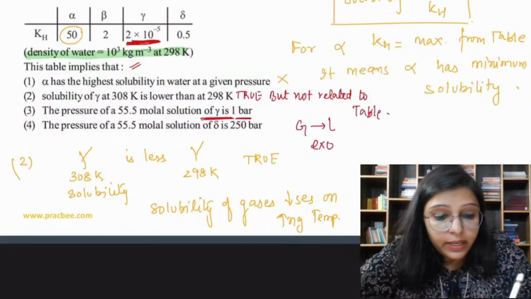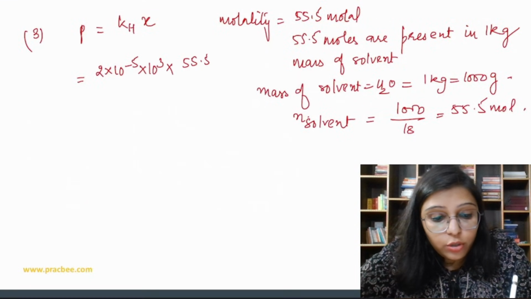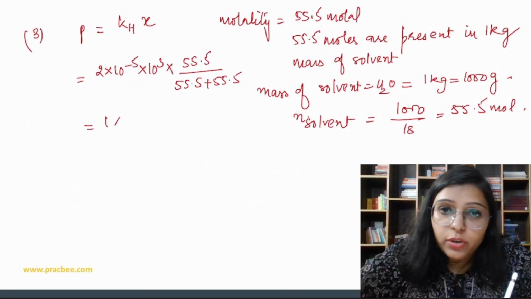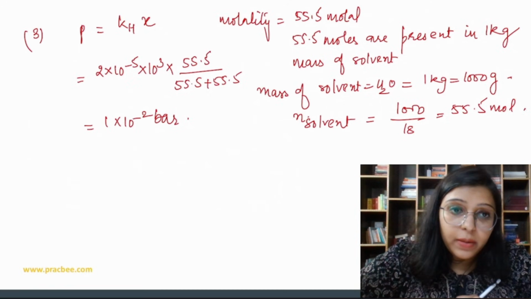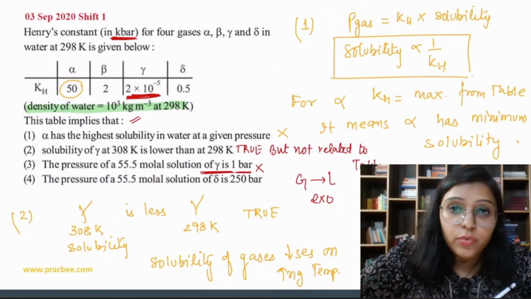So we write into 10 to the power 3 bar. Now mole fraction, moles of solute divided by total moles, which is 55.5. When you solve this, you get answer equal to 1 into 10 to the power minus 2 bar, which is false. So this statement is also false.